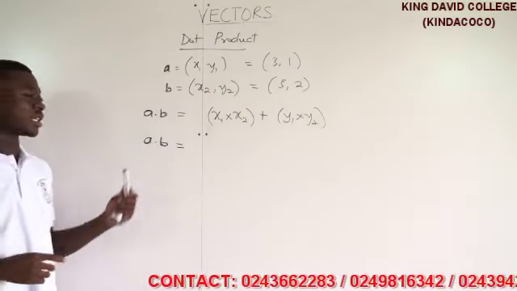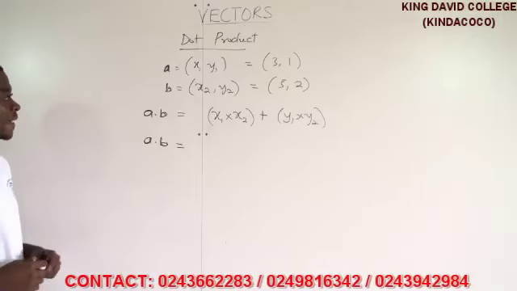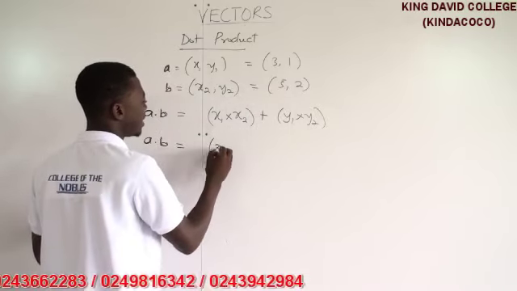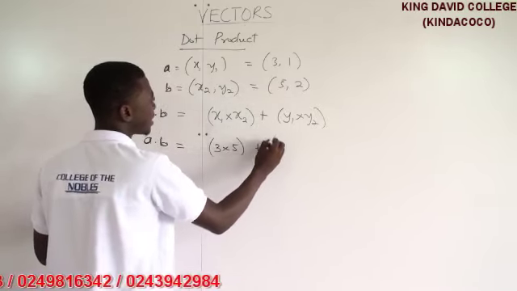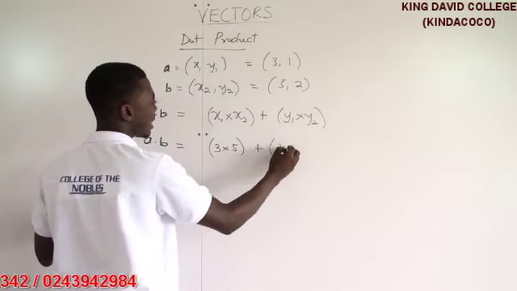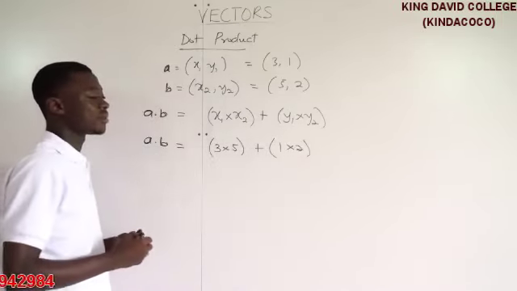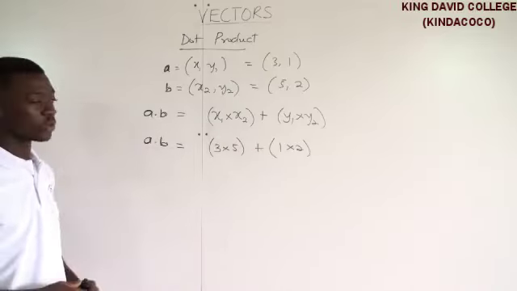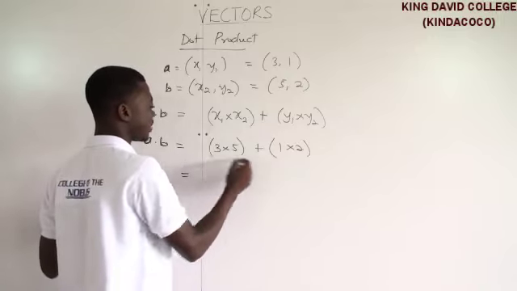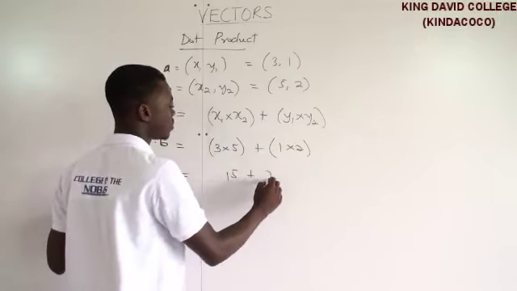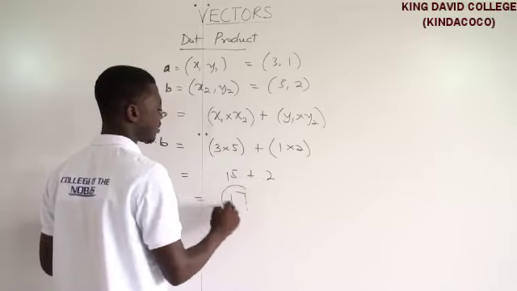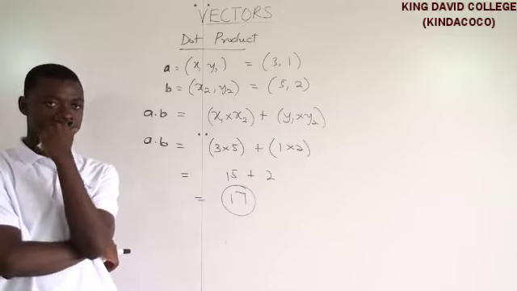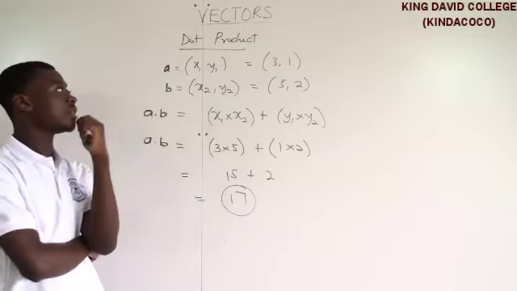We are looking for the dot product of vector A and B. It's going to be x times x, so 3 times 5, plus the y times y, 1 times 2. 3 times 5 is 15, plus 2, that's 17. So a dot product is always going to be a specific value.